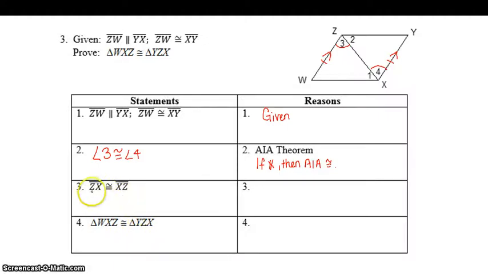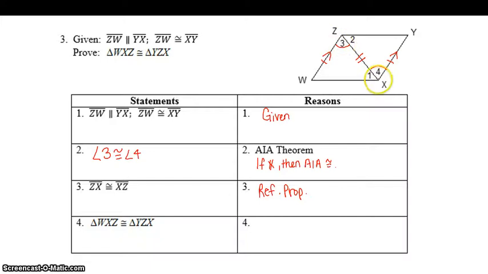Now this one says that segment ZX is congruent to segment XZ. So we'll mark that with doubles, and that's reflexive property. And even though they changed the order here, ZX to XZ, remember that's the same exact segment.